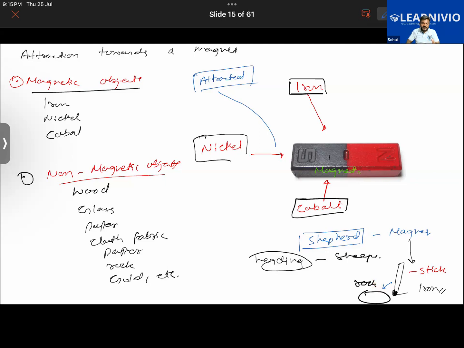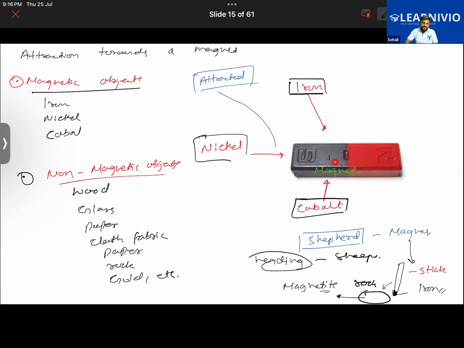Later on, when studies were done, it was observed that this rock was a natural magnet, and it was called magnetite. Now, remember in the previous classes, I have been telling that all the different minerals are not found in their pure state in nature.